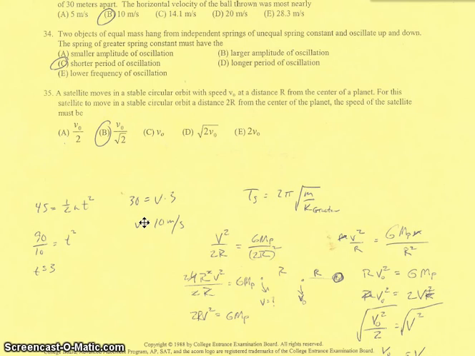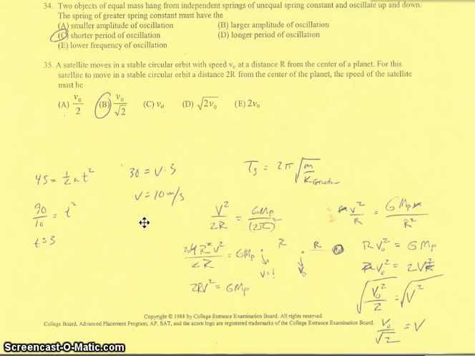34, the objects of equal mass hung on a spring. Okay, so I'm looking at this in terms of my spring, and how do those oscillations relate, or how does the period relate?